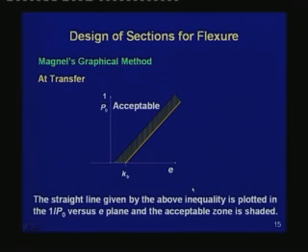The straight line given by the above inequality is plotted in the 1 by P0 versus E plane, and the acceptable zone is shaded. The equation that we had seen earlier, we are plotting in the 1 by P0 and the E plane.